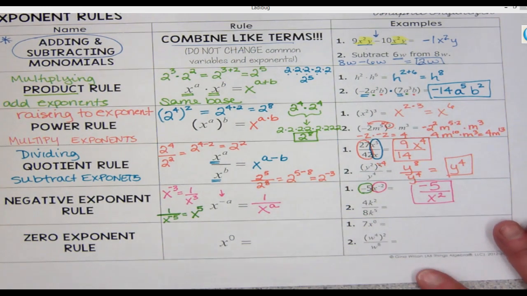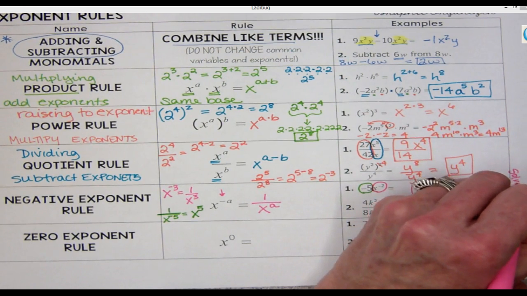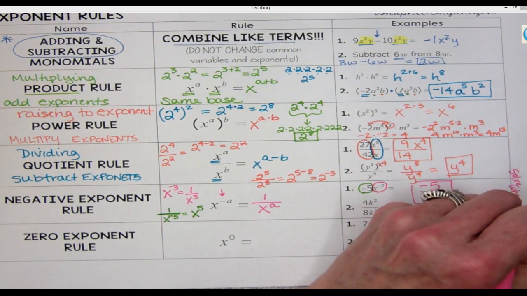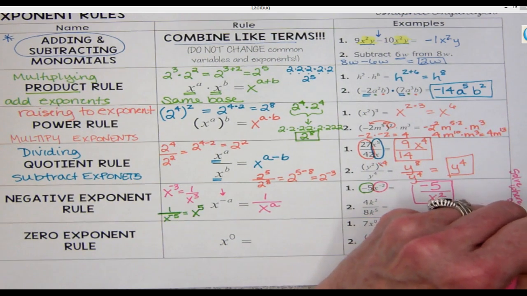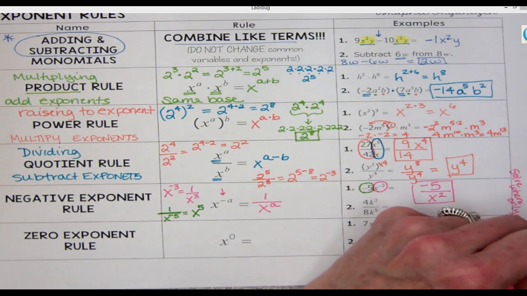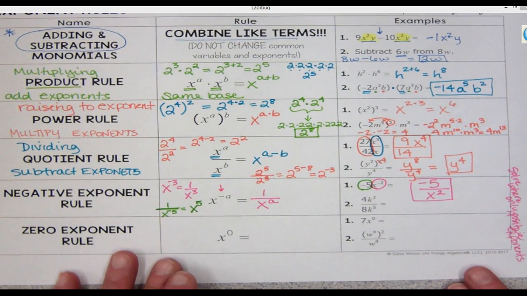And typically, we only want to solve where we only have positive exponents. So in your answer, you should only have positive exponents.